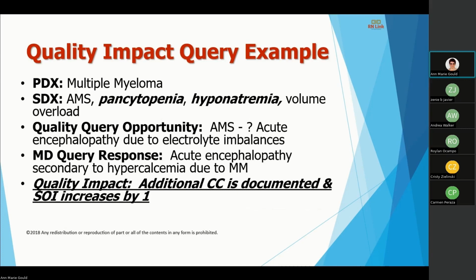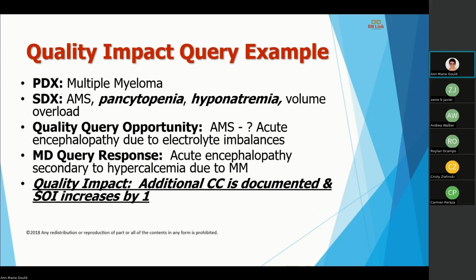Now, say, for example, the doctor just said, no, it's acute metabolic encephalopathy secondary to hypercalcemia. So now we have that metabolic encephalopathy type, and that would change your DRG assignment from a CC capture to that MCC capture. Okay.